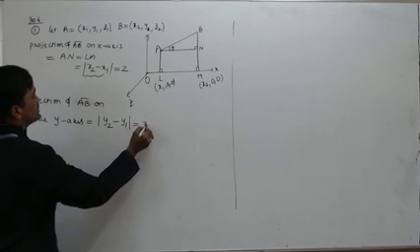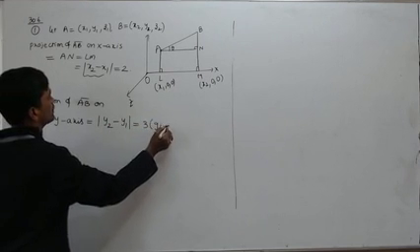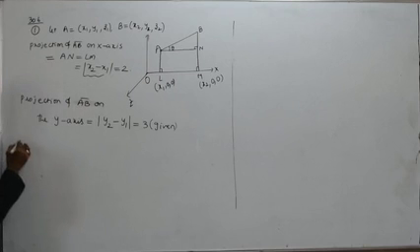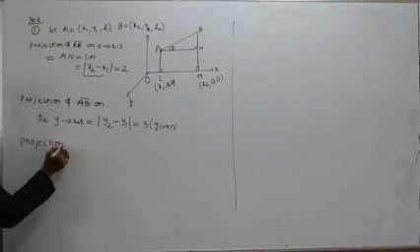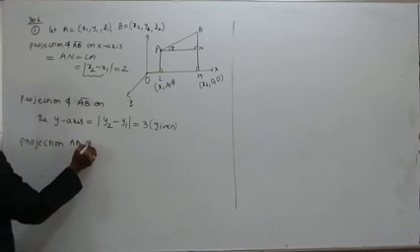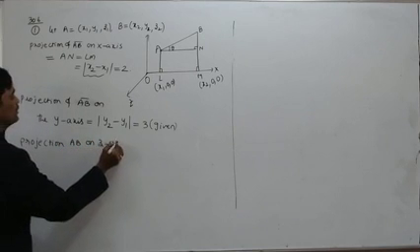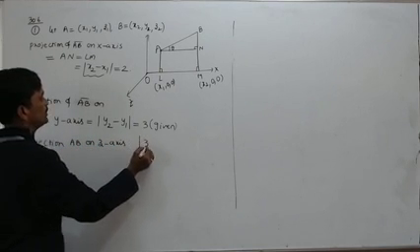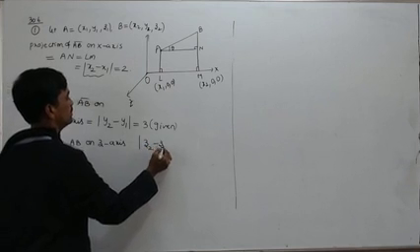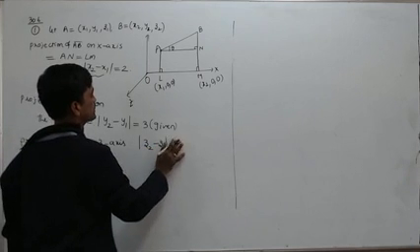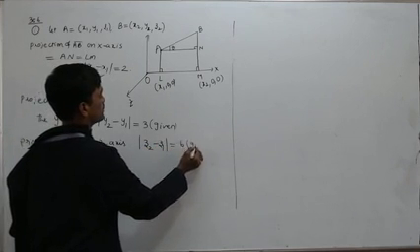According to the problem, it is equal to what? 3. Am I correct? Similarly, projection of AB on z-axis. What will you get? Modulus of z2 minus z1, which is equal to 6, according to the given condition.